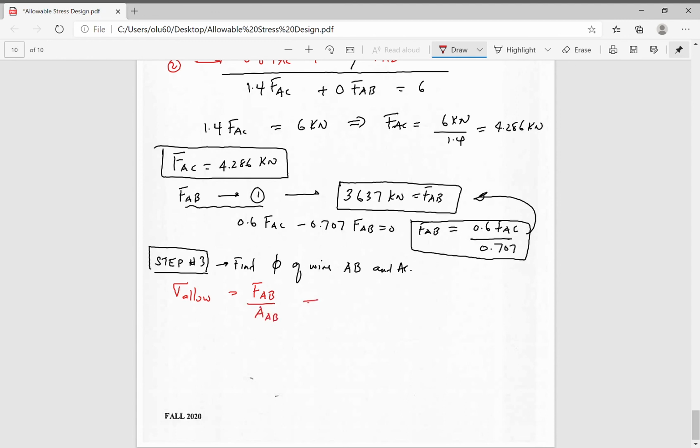Again, we're looking for the diameter, so we solve for the area equals FAB divided by the allowable. If we break the area down, we get pi d squared over 4 equals force AB, which is 3.637 kilonewtons divided by 200 megapascals.